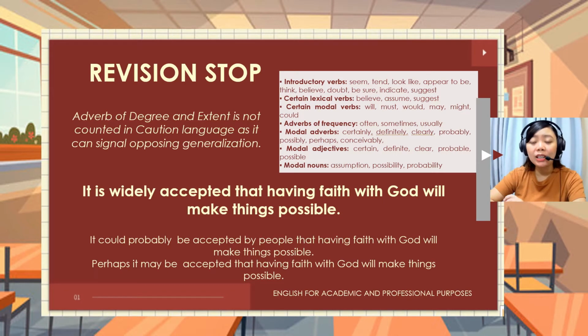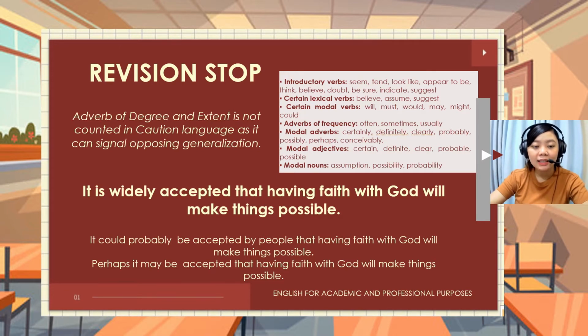If you use adjectives alone in the sentence, it doesn't count as a word to solve sweeping generalization. It's just an adjective to describe something. But if you are to use modal adjectives, you might use certain, definite, clear, probable, possible, and such.